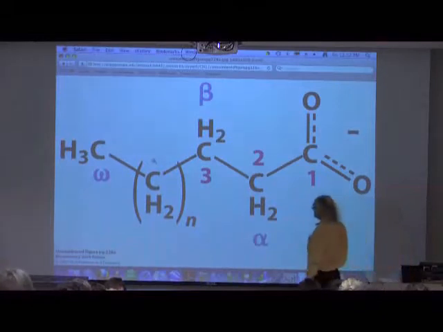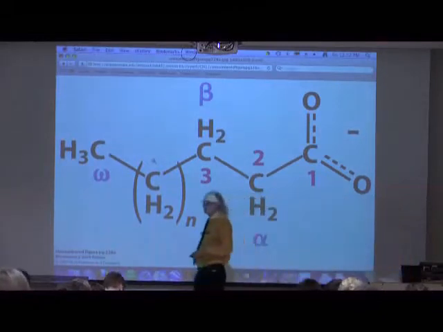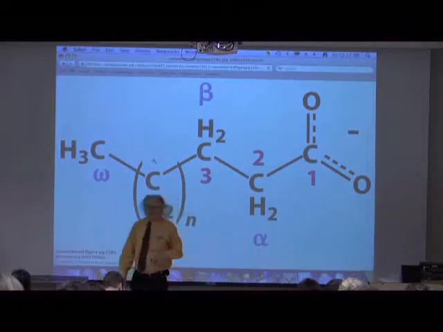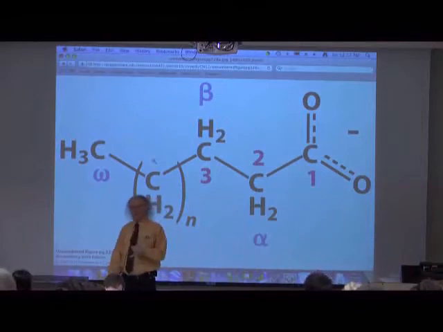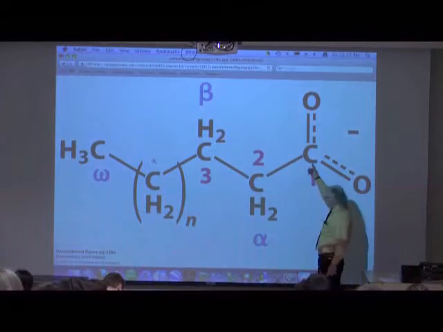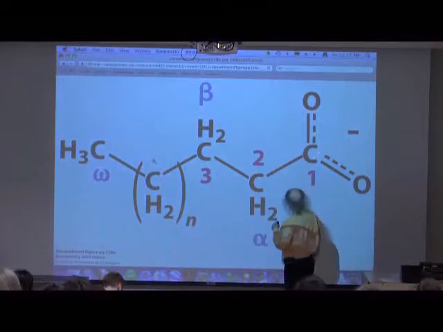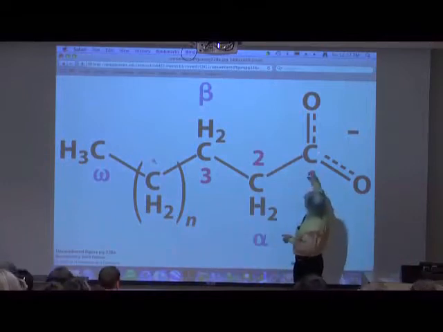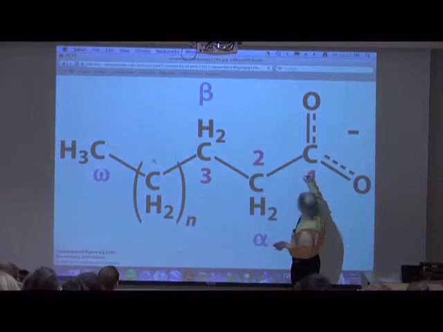Now, the other system used to describe the double bonds in fatty acids describes all of the bonds in the fatty acid, and it starts counting at the other end. This is carbon number 1, and it counts in that direction. Actually, this is showing omega, and that's not right.